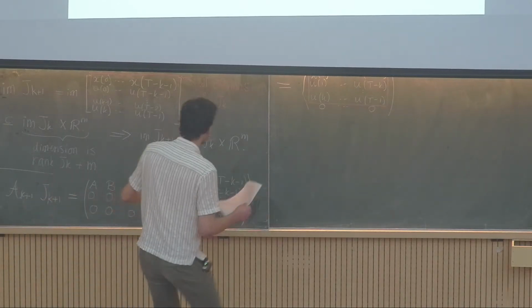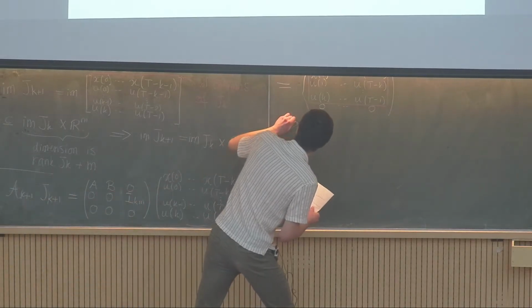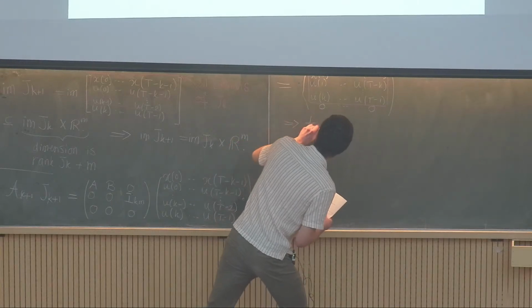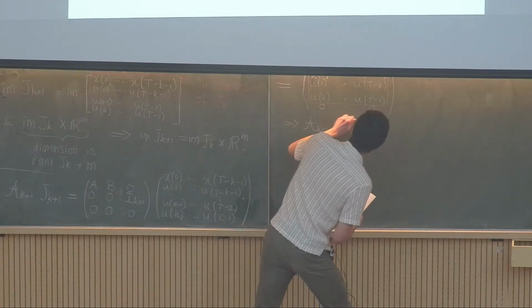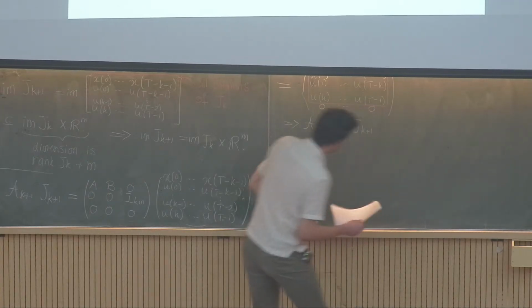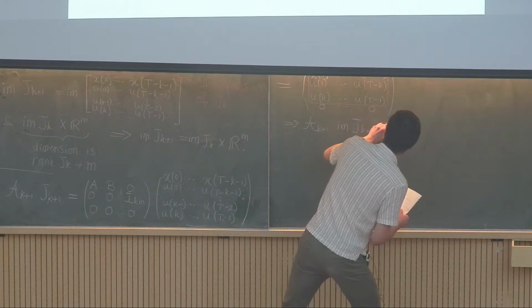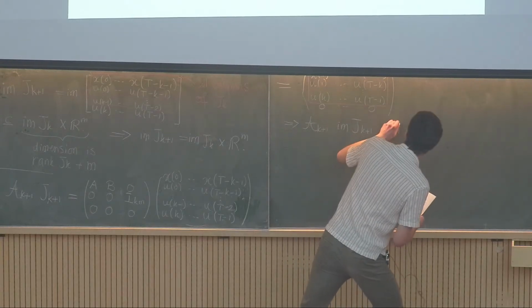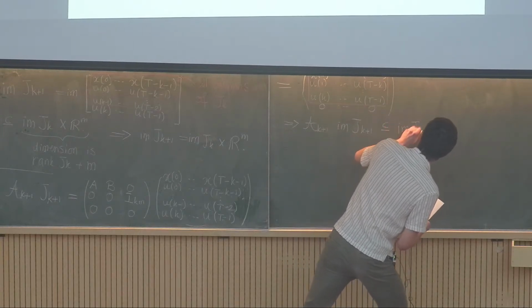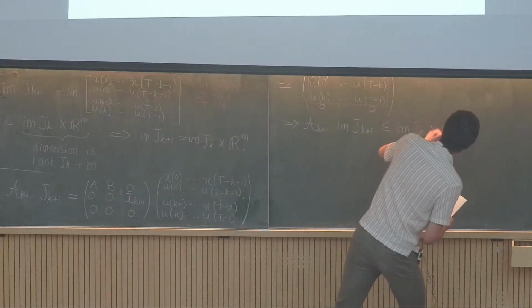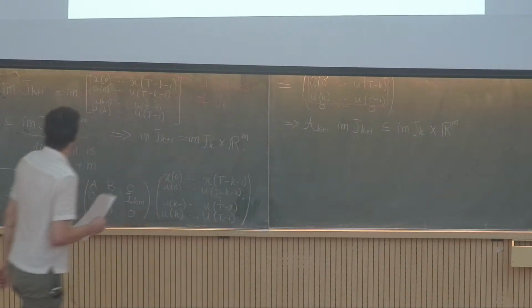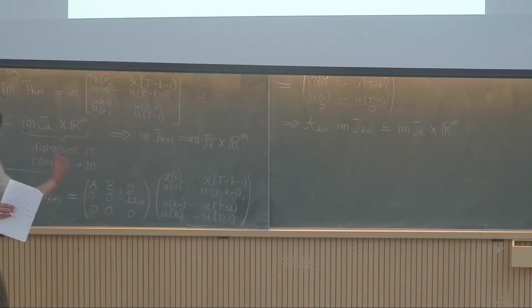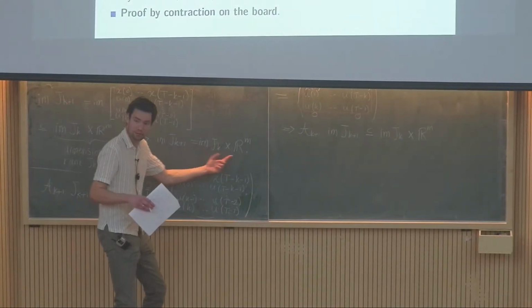Well, that implies that if I look at this calligraphic AK plus 1 multiplied with the image of JK plus 1, right, that's going to be in the image of JK cross Rm. Yeah, but we knew already something about the image of JK cross Rm, right?